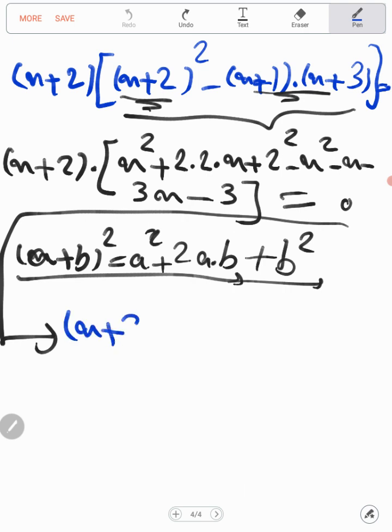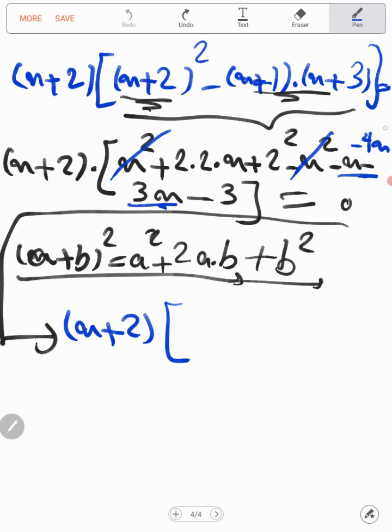We can simplify this part. Parentheses x plus 2. Okay, we can cancel out this x with this x, and minus x minus 3x is equal to minus 4x.